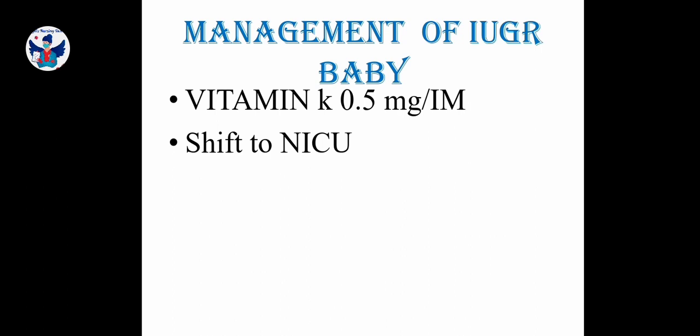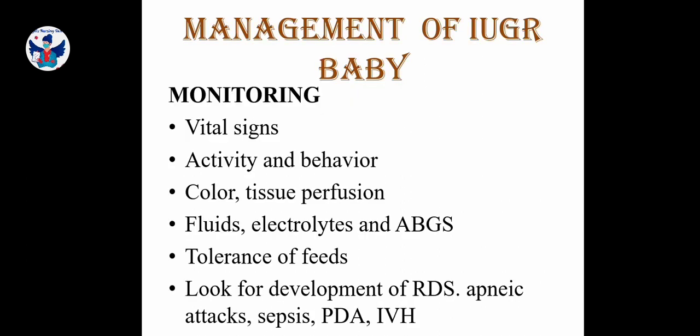Next, vitamin K 0.5 mg IM is administered. Then if warning signs are present, we can shift the baby to NICU. Next, monitor the baby for vital signs, activity and behavior, color, then tissue perfusion, fluid electrolyte and ABG analysis. Next, tolerance of feeds, look for respiratory distress syndrome, apneic attack, sepsis, patent ductus arteriosus and intraventricular hemorrhage.